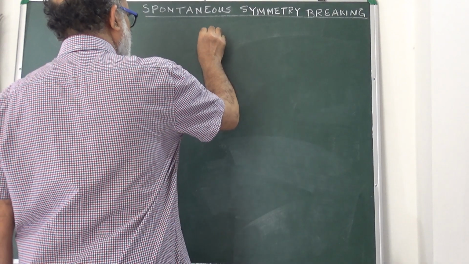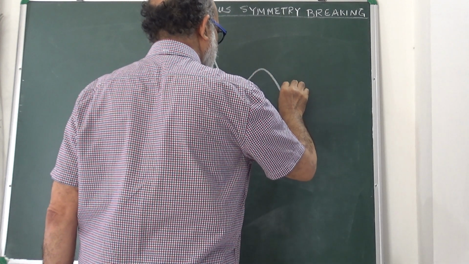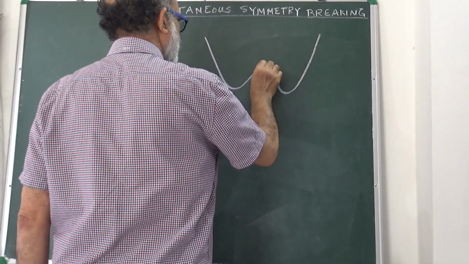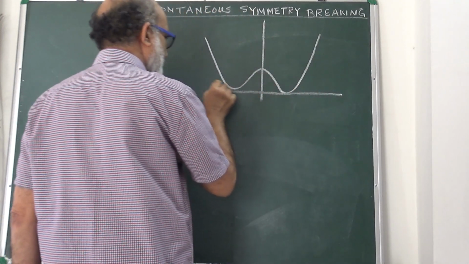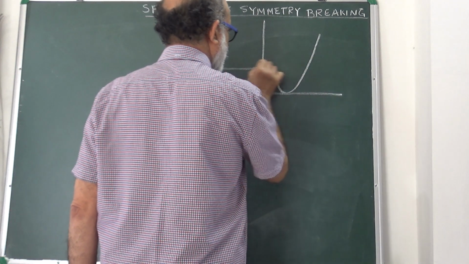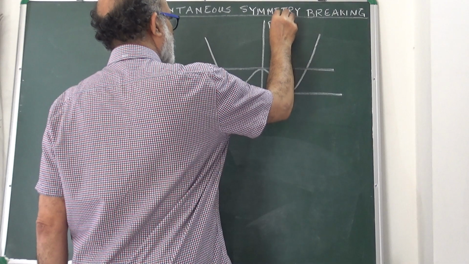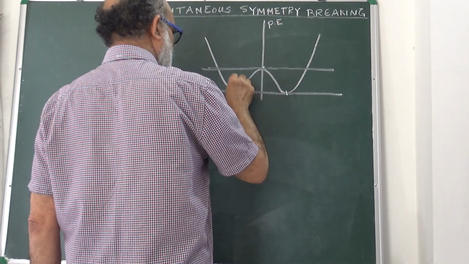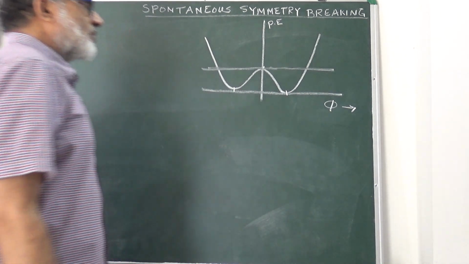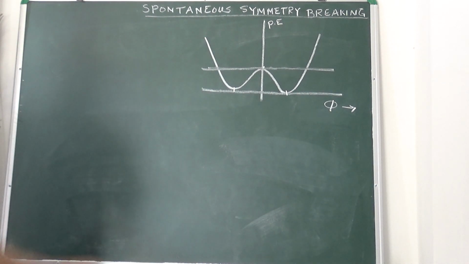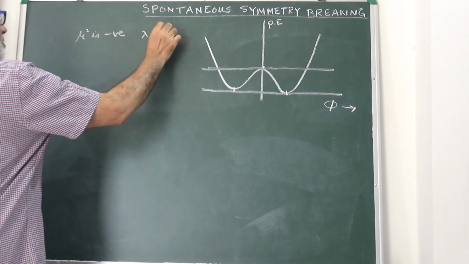Now continuing with our saddle type potential, this gives you the variation of the potential energy with the field when mu squared is negative and lambda is a positive scalar.